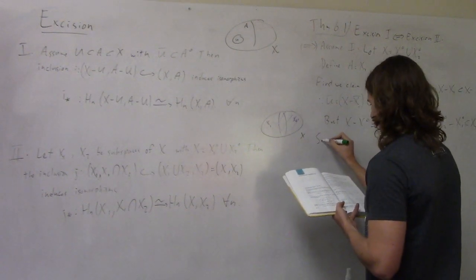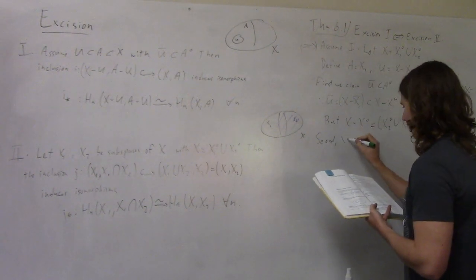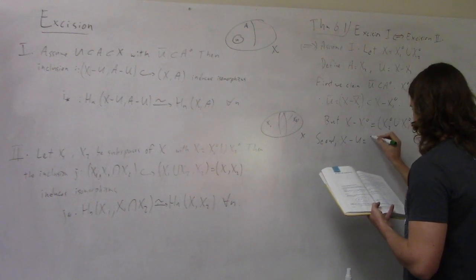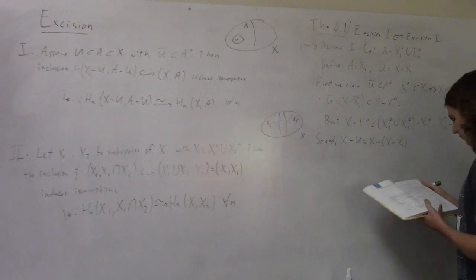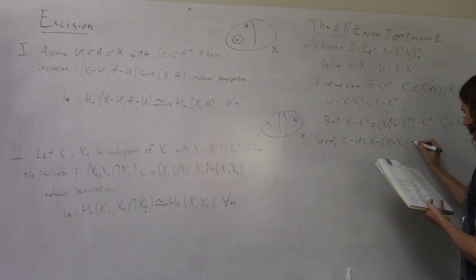Okay, second, x minus u is equal to x minus x1. So that's what u is, which is equal to x1.